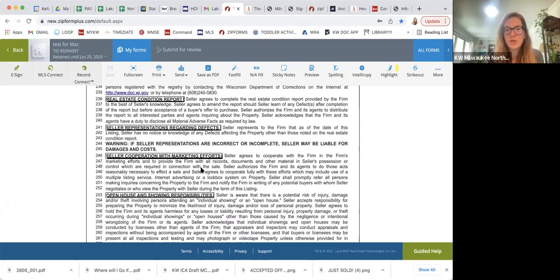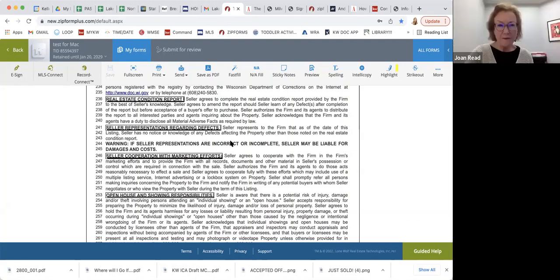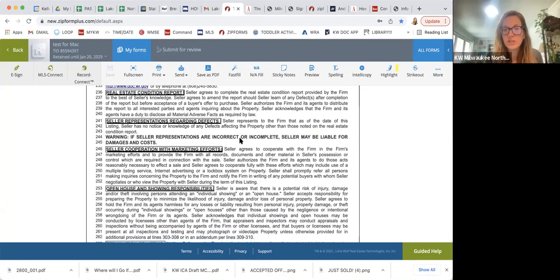Real estate condition report. This is a provision for the seller, letting them know that they agree to complete the real estate condition report provided by the firm to the best of the seller's knowledge. Seller agrees to amend the report should seller learn of any defects after the completion of the original report.